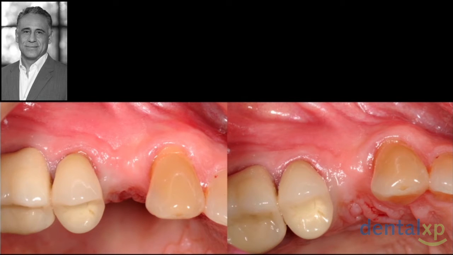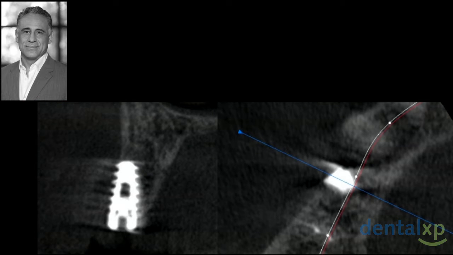While there was no evidence of swelling or purulence, she continued to be symptomatic, and the cone beam CT scan demonstrated clearly that there is lack of bone and quite thin soft tissue on the buccal aspect of the implant.